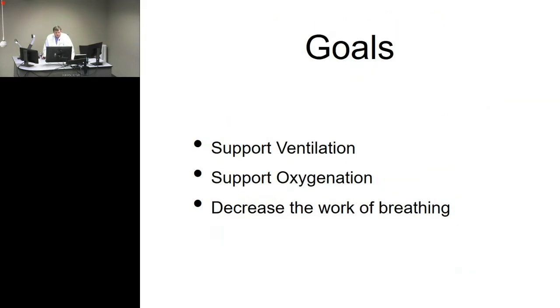So the big goals are, one, to support mechanical ventilation. So ventilation, driving our gas exchange and eliminating of carbon dioxide, and then supporting oxygenation by delivering oxygen. And then also a big one is to decrease the work of breathing.